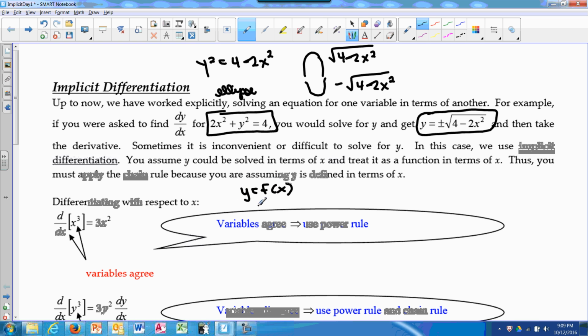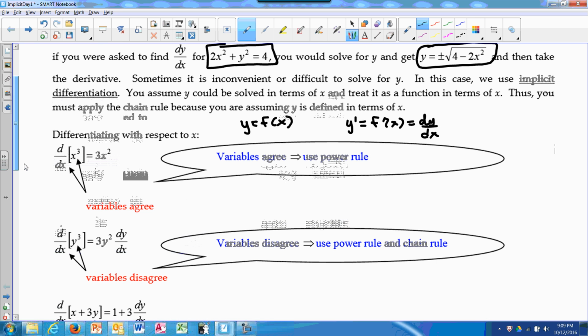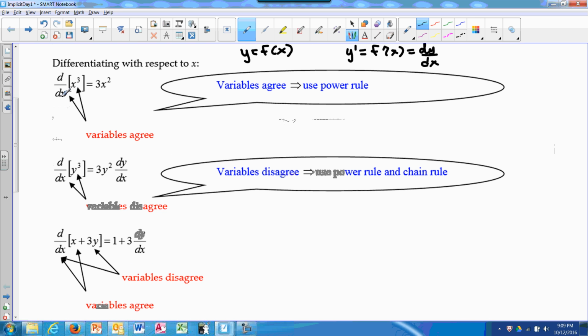When we look at this and we ask for the derivative, we don't write the derivative of y as 1. We say that y prime is equal to f prime of x, or dy dx. We never say that the derivative of y is just equal to 1, the way that the derivative of x is equal to 1. That's because when we're taking the derivative with respect to x, they simply don't match.